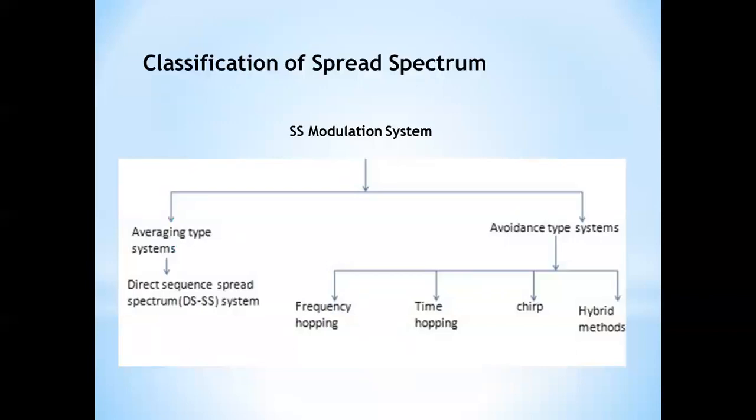The avoidance system reduces the interference by making the signal avoid the interference over a large framing time. The avoidance systems are further classified depending on the types of modulation used. Some of the avoidance type systems using different modulation techniques are frequency hopping system, time hopping system, chirp, and hybrid modulation system.